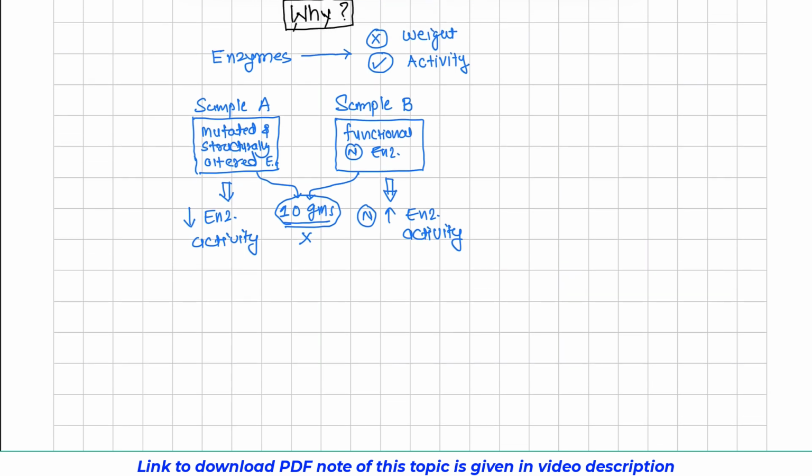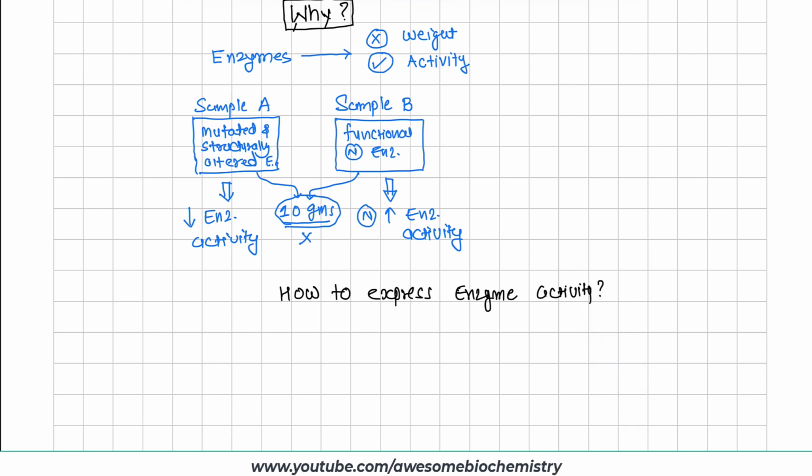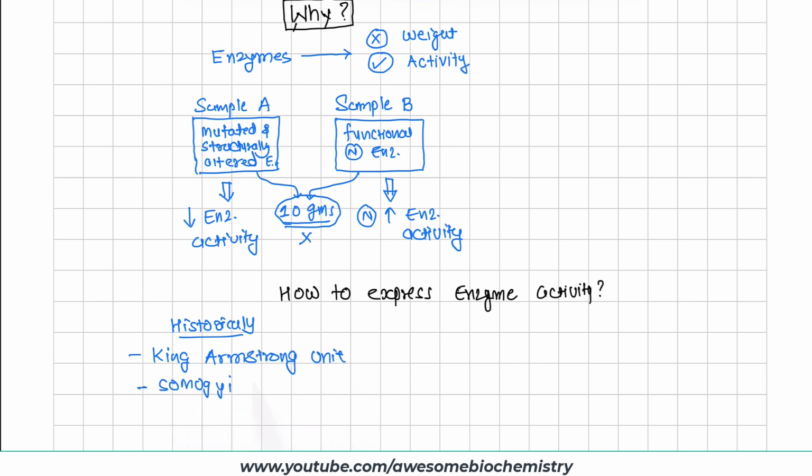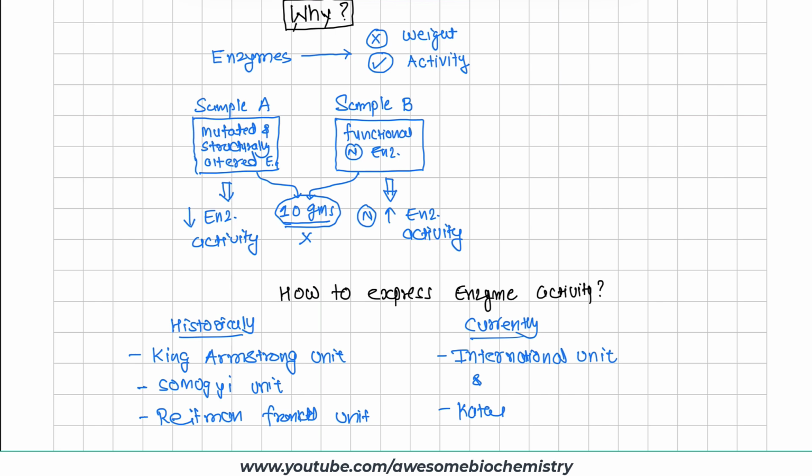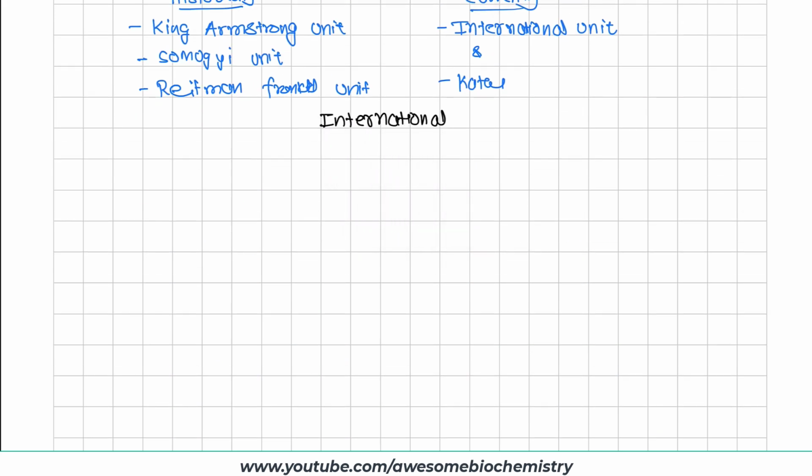So, a new question arises: how to express enzyme activity? Historically, many different expressions were used, like King-Armstrong unit, Somogyi unit, Reitman-Frankel units, but currently the most commonly used expressions are international unit and Katal. Let's first understand international units or IU.